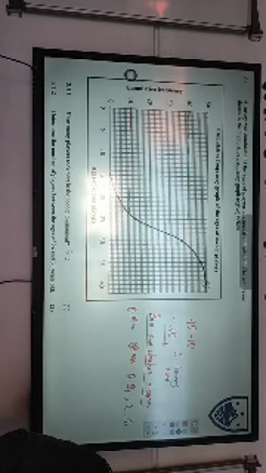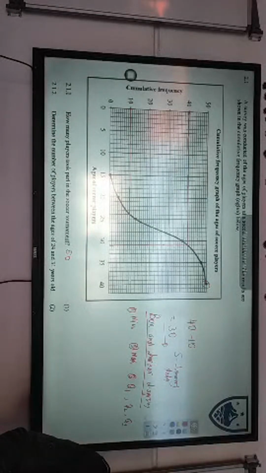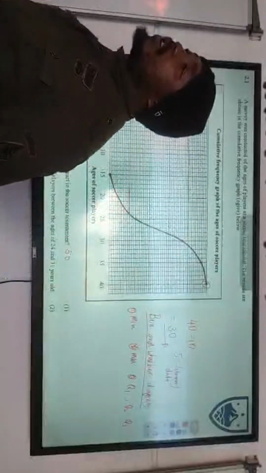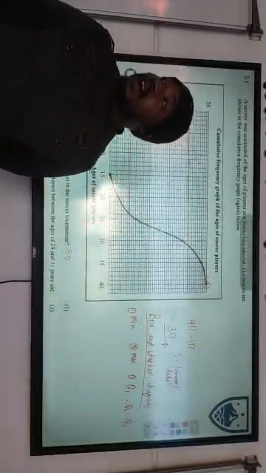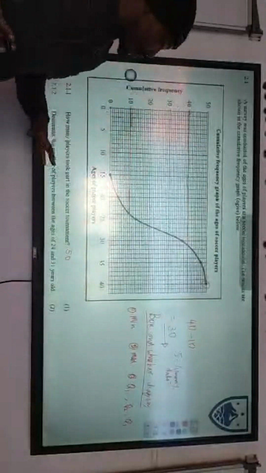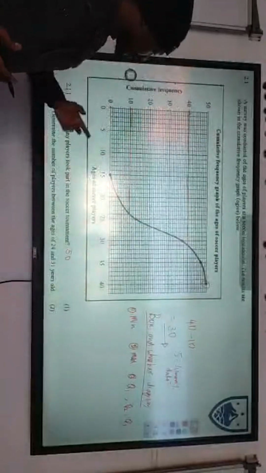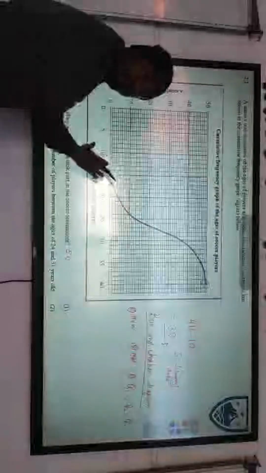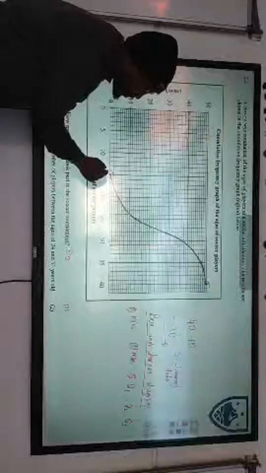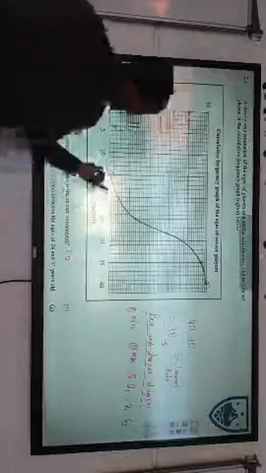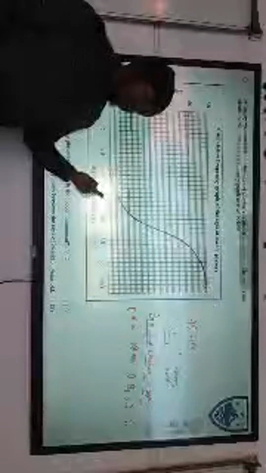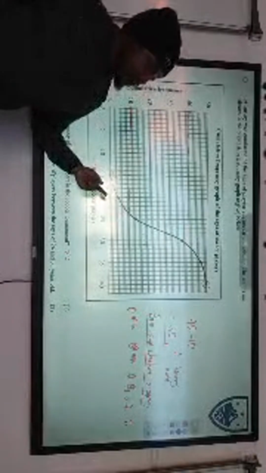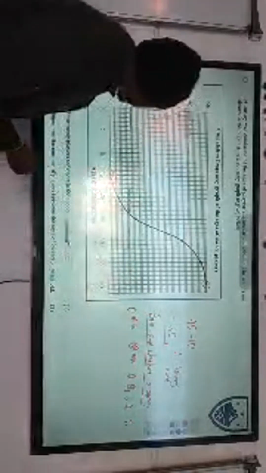Zero. There was zero children playing soccer. Remember, in a cumulative graph, the first frequency will be the minimum age. So the first one, this is the ground. We are grounding the graph. We're looking at the graph at 15. So we have learners between 15 and 20, and our ogive graph needs to tell us that.